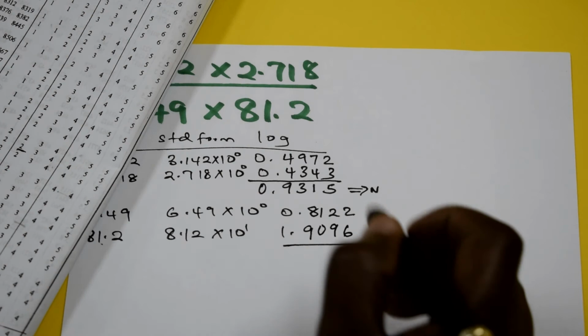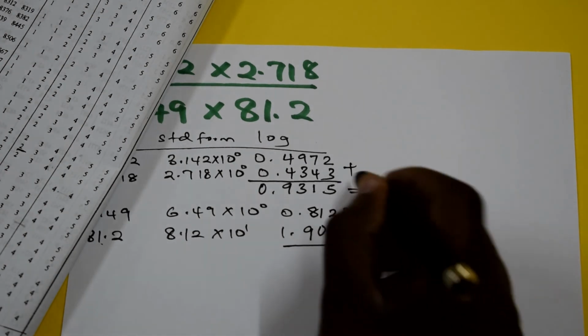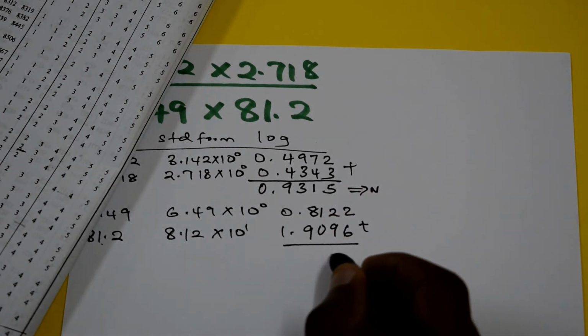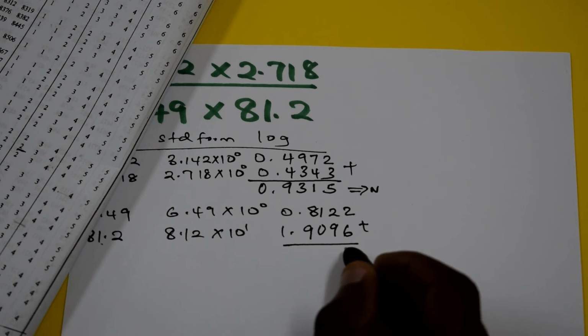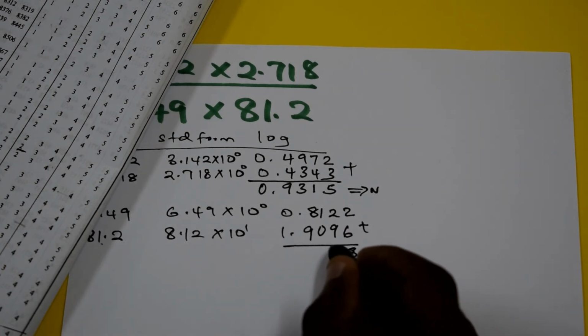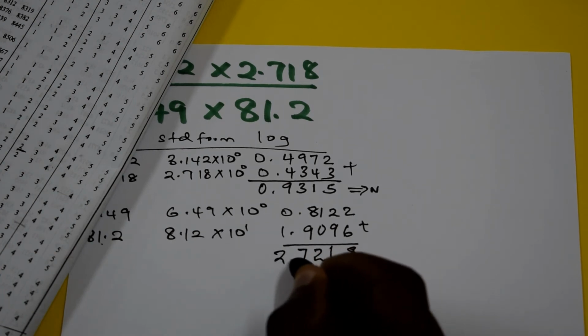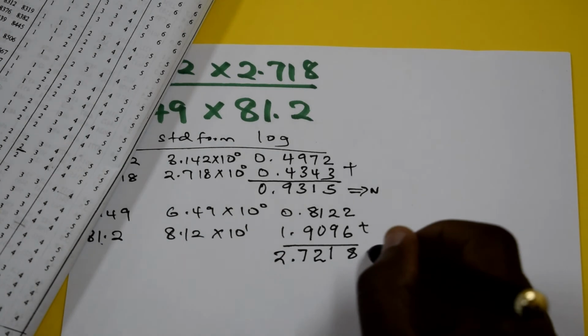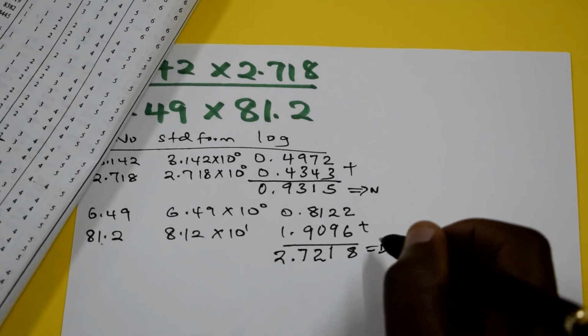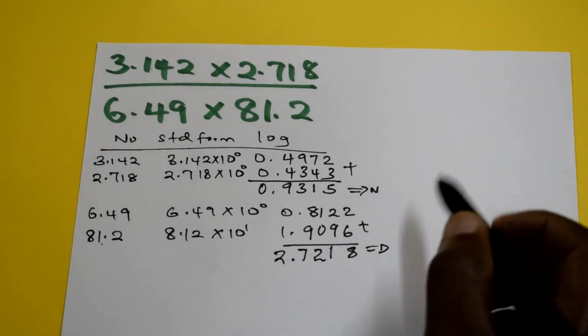Since the numbers again are multiplied, we add these two. After adding, we get 2.7218. So this is the denominator after adding logs.